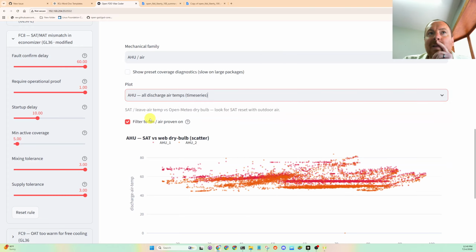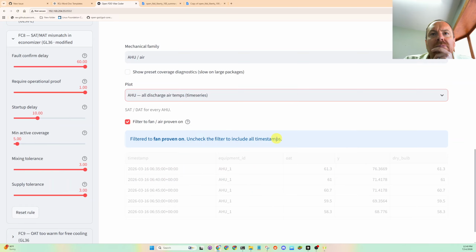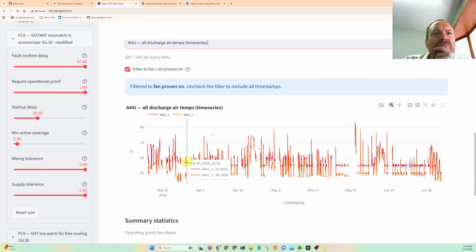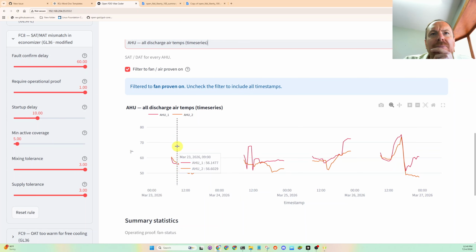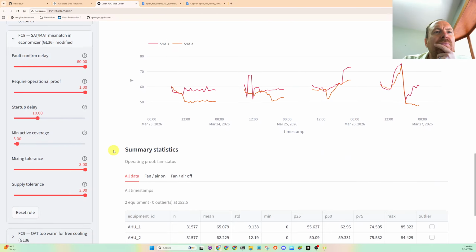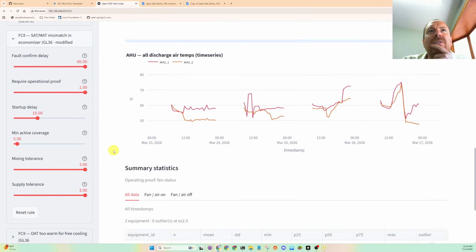All discharge air temps. Back into May. Looks a little bit strange.